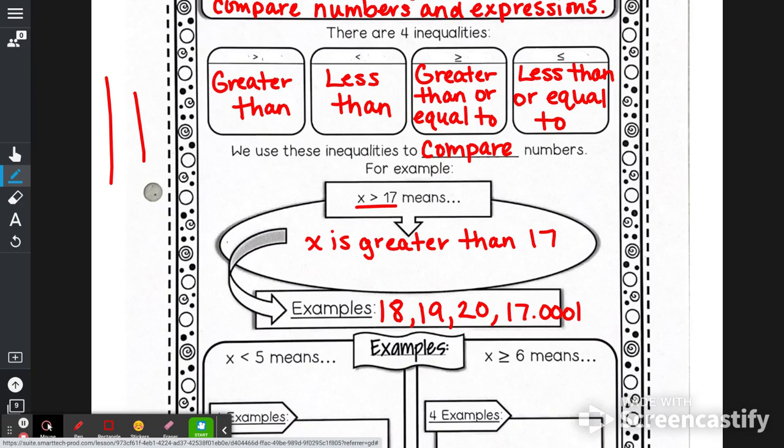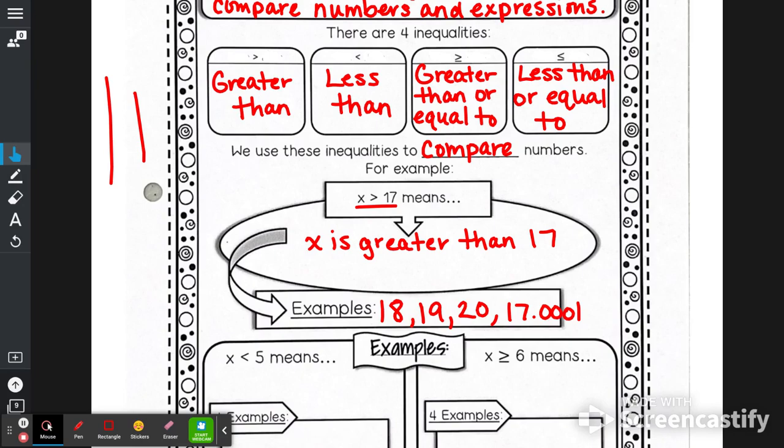No, because it has to be greater than 17. Yes, sir. It could be 2 billion. You are absolutely right. If the inequality symbol had the line underneath it, it could be 17.